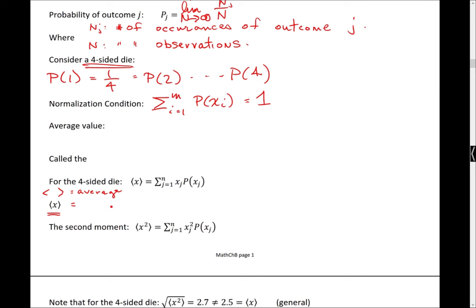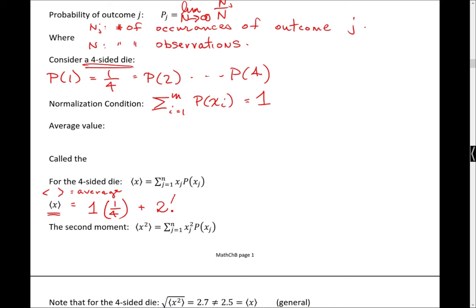So in terms of the probabilities, I can say that my chances of seeing 1 will be 1/4. And if I want the contribution to the average, I'm going to multiply that by the value 1. All right? And then I'm going to do the same thing for outcome 2.